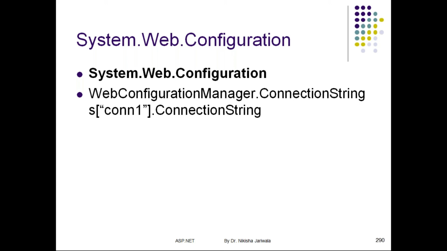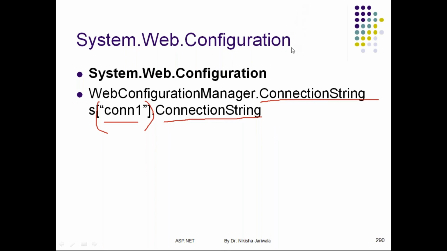Then I will use the ConnectionStrings collection of that class, and then within parentheses and double quotation marks, by mistake I have written square brackets over here, but you need to consider parentheses. Then we specify the name of the connection string, and as we are accessing the value from the ConnectionStrings collection, I need to use the ConnectionString property. This we have already seen in our code, so you already know this.